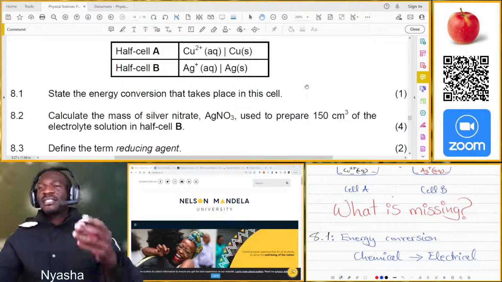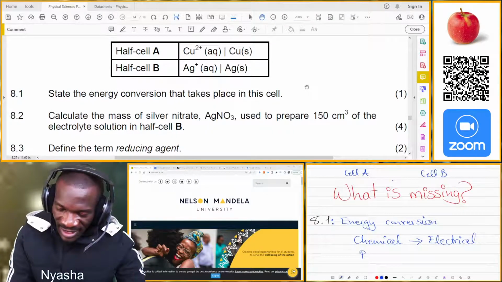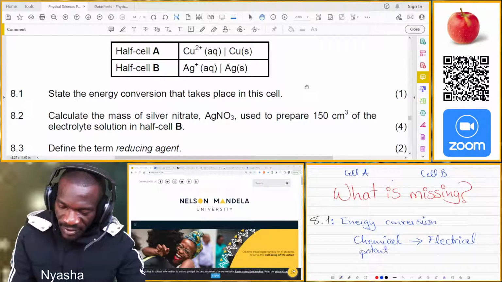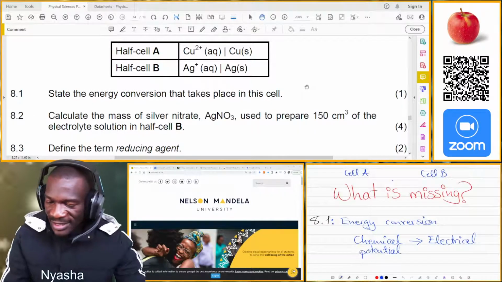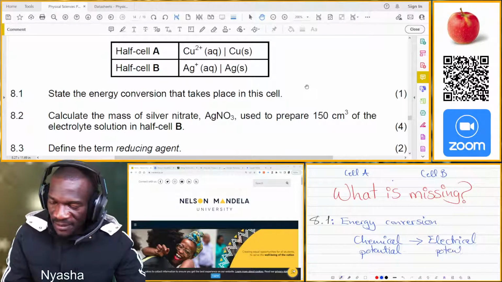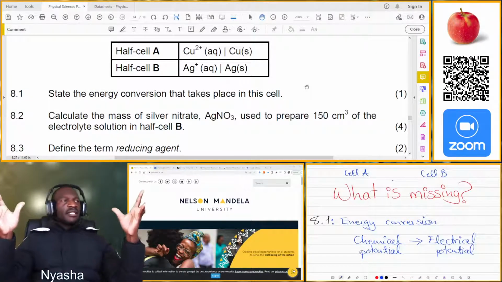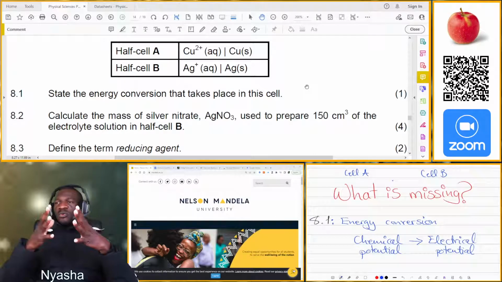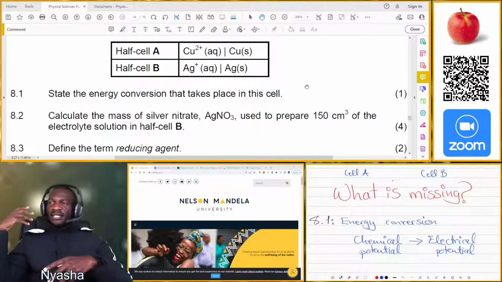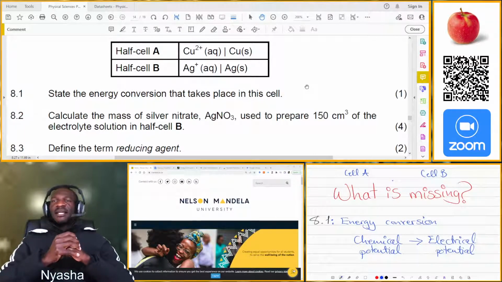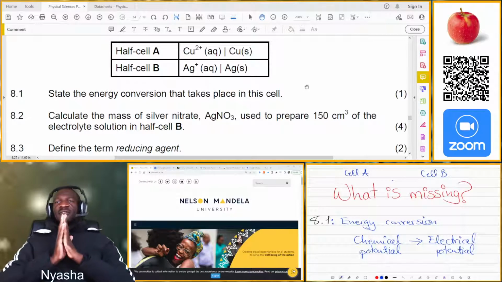You can call it chemical potential energy to electrical potential energy, isn't it? It's potential energy in the first place. So we have chemical potential energy and then electrical potential energy. That is the energy conversion chain.